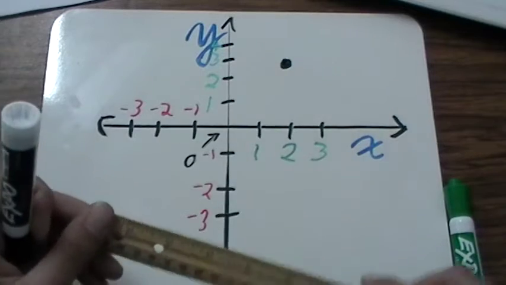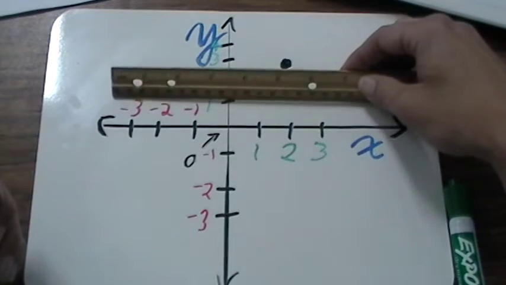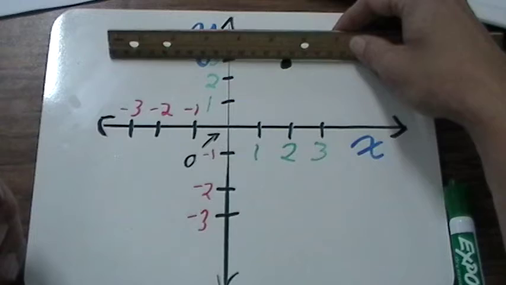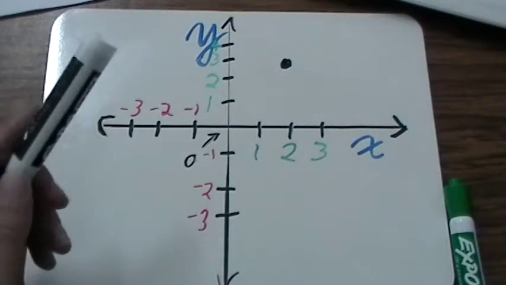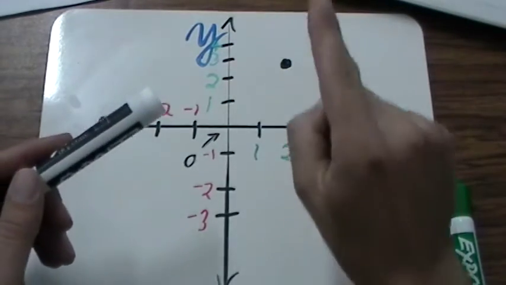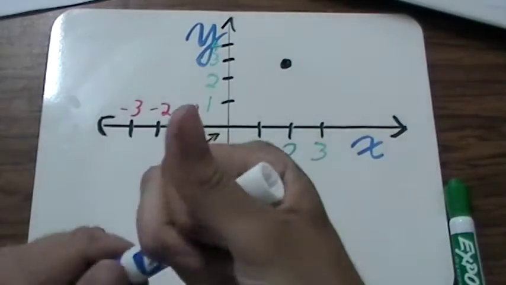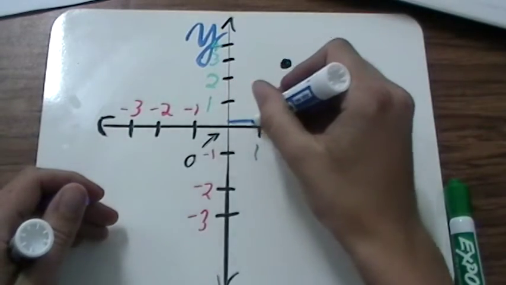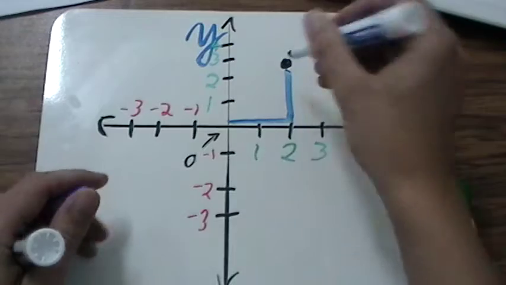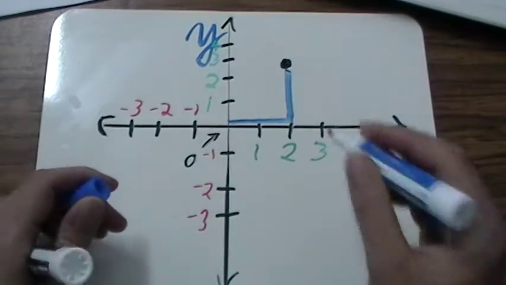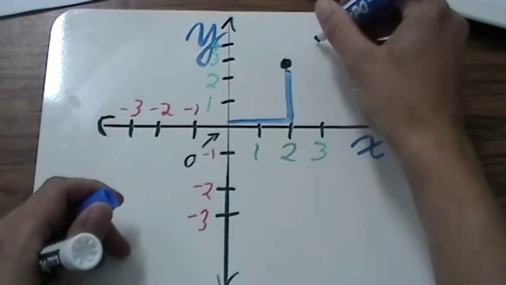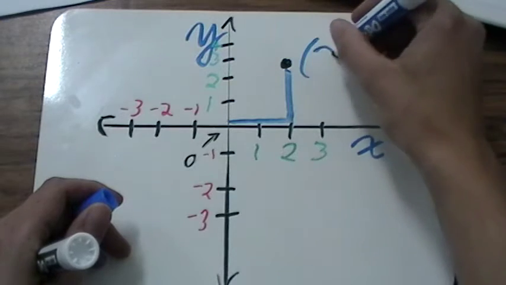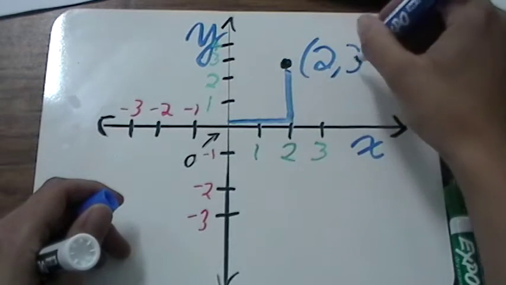How many places up do I have to go to get to that dot? 1, 2, 3. There it is. So it's 2 over, 3 up. So when I'm writing the name of this dot, I'm going to put in parentheses 2 over 3 up.